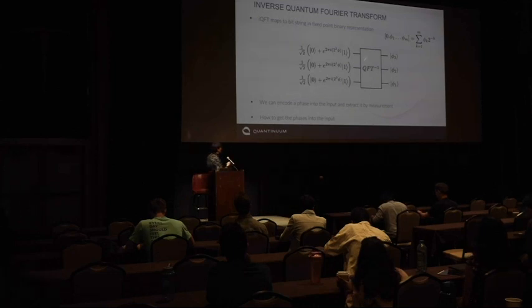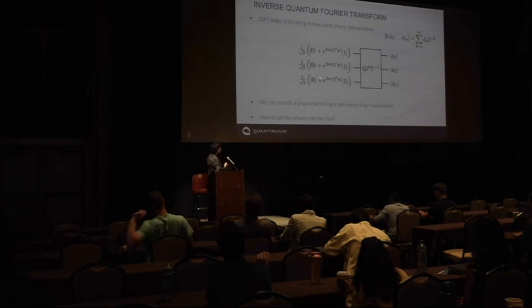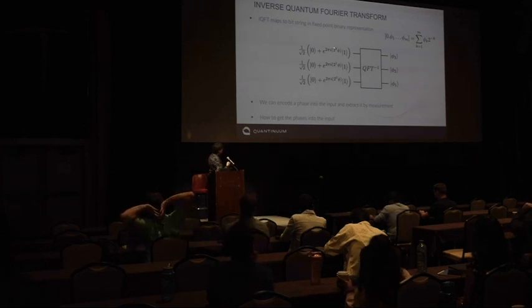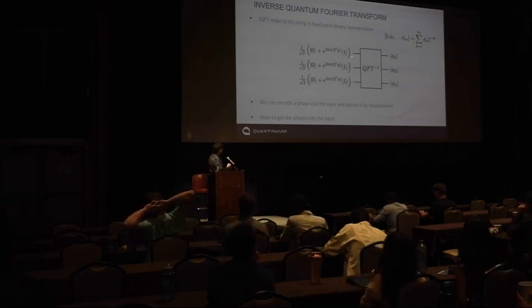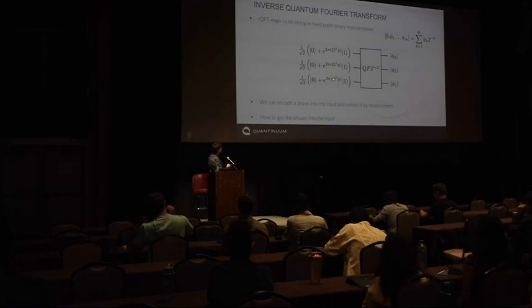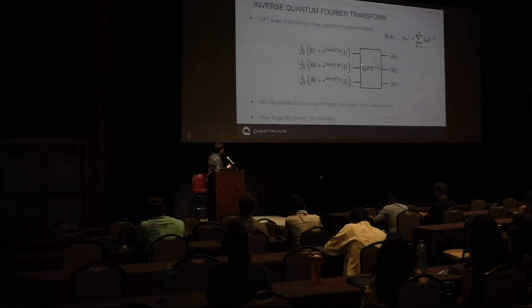What the inverse quantum Fourier transform does is, if you can get your state into this form where you have powers of some phase acting on each qubit, it will then map you to a basis which contains the information about your phase in the fixed point binary representation.